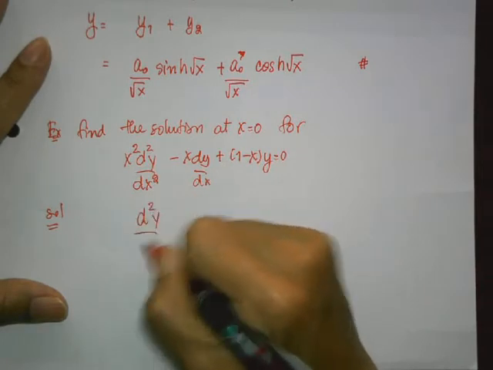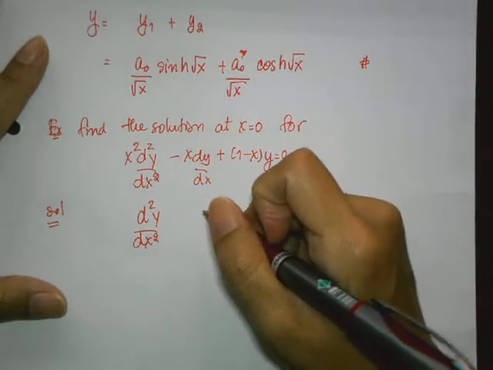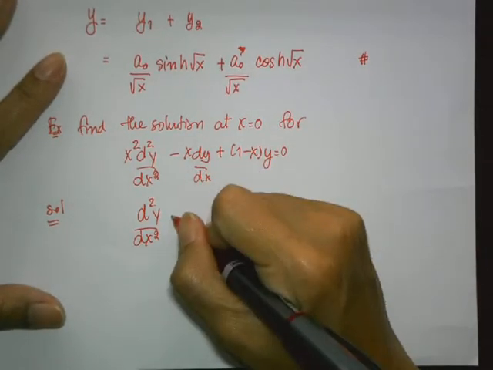In order to do that, we have to make the coefficient of our second derivative term equal to 1.